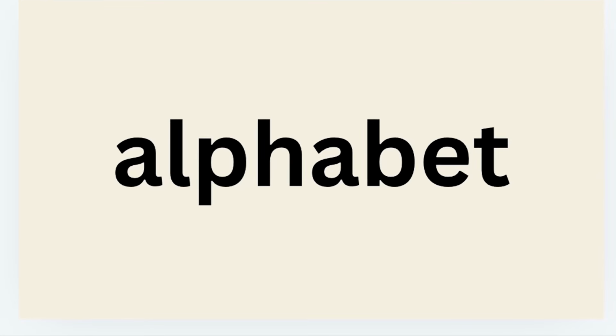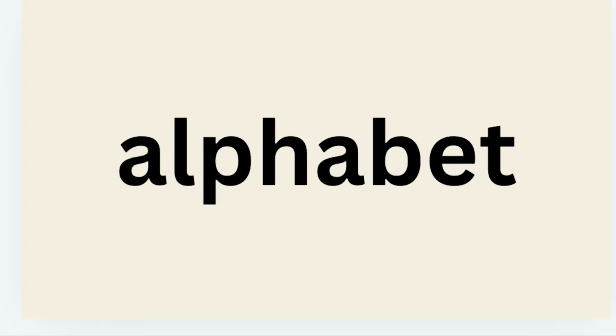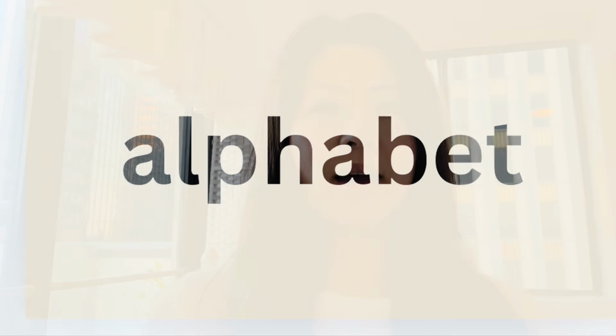Okay, and let's do another A word, the word alphabet. Alphabet. Okay, good. Schwa is the second syllable, alphabet, and it's spelled with an A. So that's the crazy thing about English.